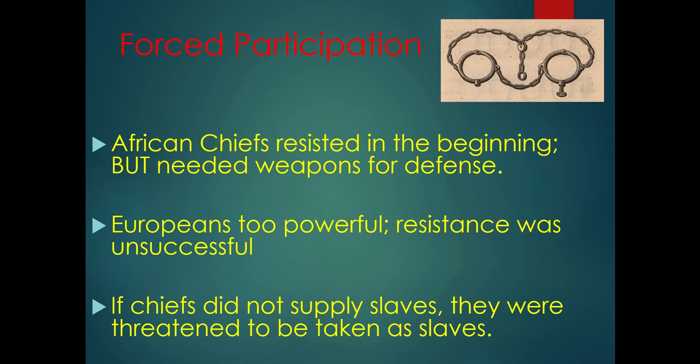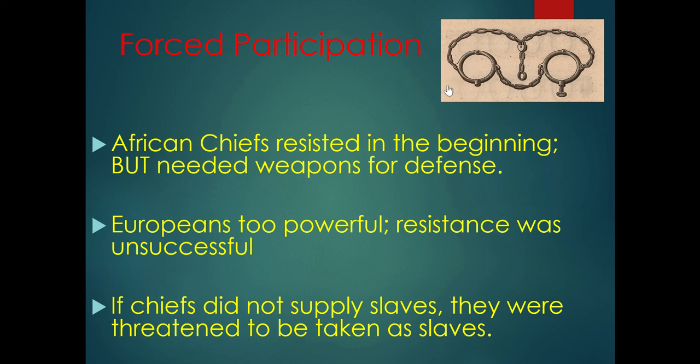So their resistance was not successful. They were taken over by the Europeans because the Europeans had guns and the African tribes did not. If the chiefs refused to supply the slaves, they were threatened to be taken as slaves themselves. The Europeans would say, well, if you're not going to give up somebody, we'll just take you instead.